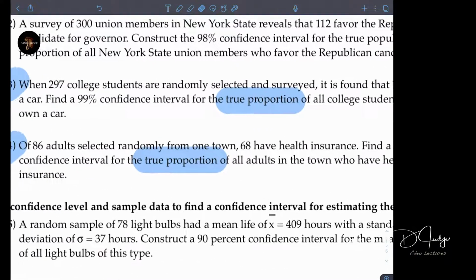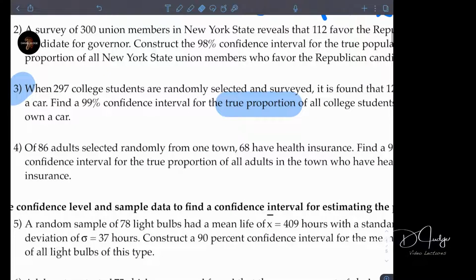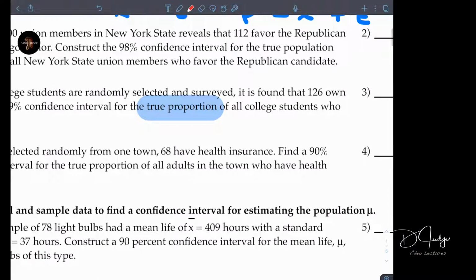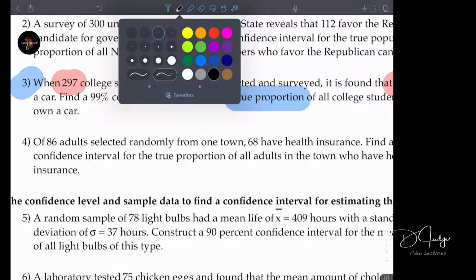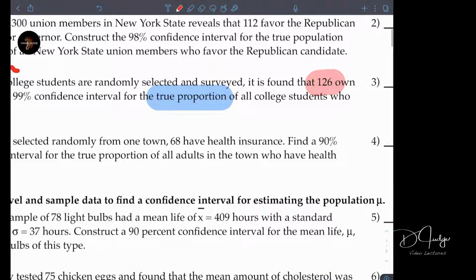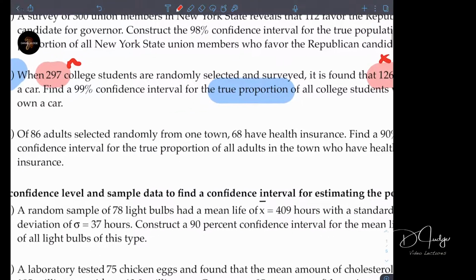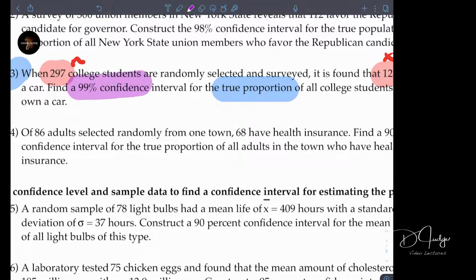So let's read question number 3. Question 3 says here, there's 297 college students that are randomly selected and surveyed. 126 own a car. So my N from the sample is 297. We had 126 successes. They owned a car. And they want us to use the 99% confidence level.